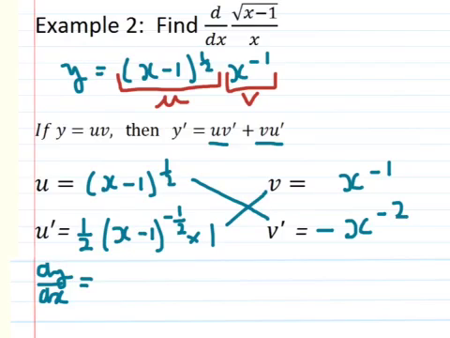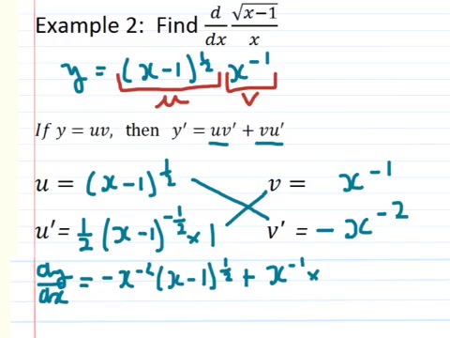So let's just write that down. Negative x to the power of negative 2 times, let's put it in brackets, x minus 1 raised to the power of a half, and then it's plus x to the negative 1 times, we're going to need square brackets here, a half, round brackets, x minus 1 to the power of negative a half, and close brackets.